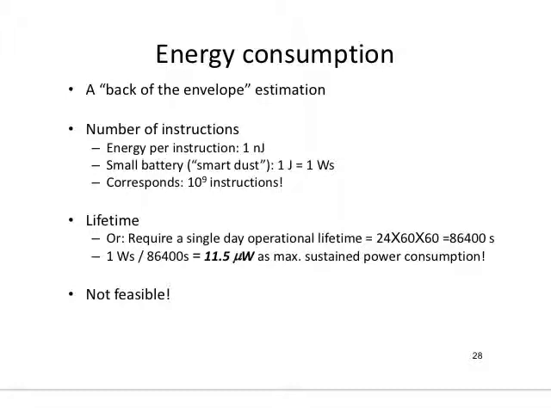A small battery, like in a smart dust, can have a capacity of 1 joule, which means that you can execute up to 1 billion instructions, 10 to the power 9, before you have to recharge the battery.